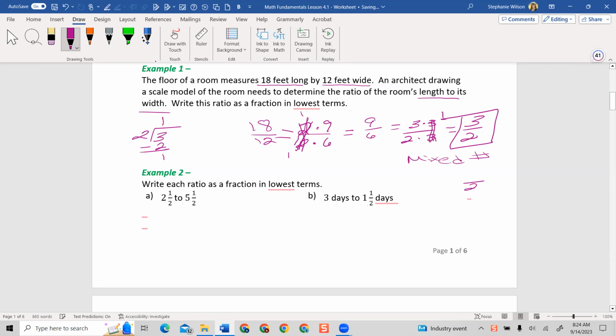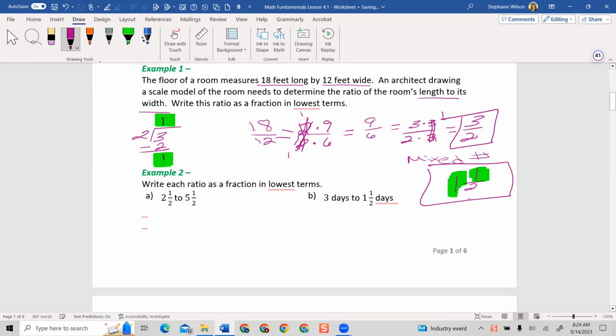So this number here is the whole number. It's going to go right here. This here is the new numerator, and it's going to go in the numerator. So let's go ahead and do that. They just so happen to be the same number, it's a 1.